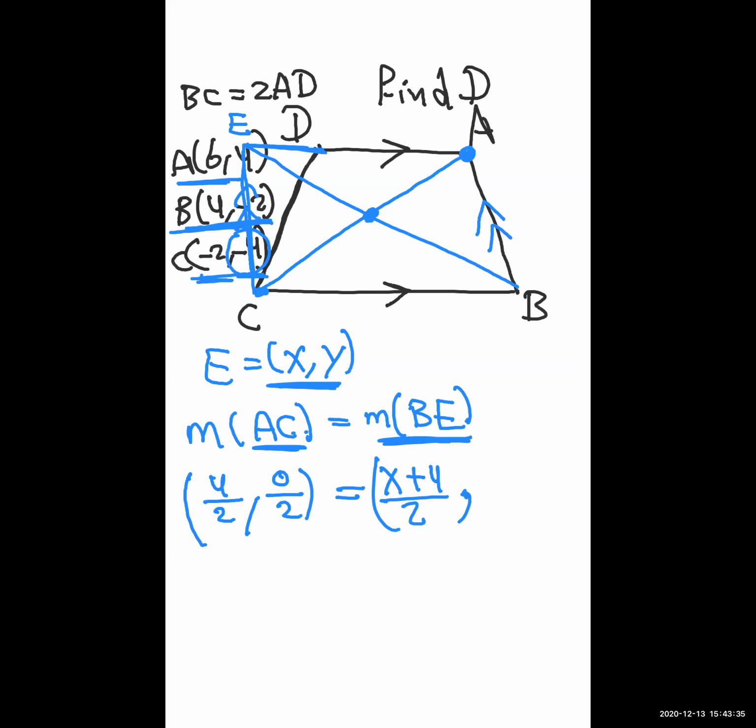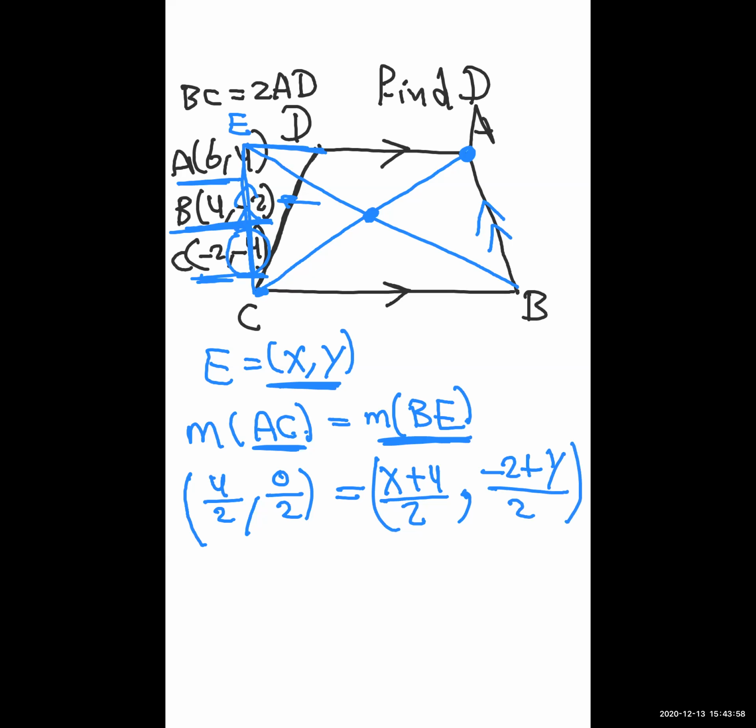Let me check it on the question. It's 4 and negative 2. So this point is B, guys, (4, negative 2). So (negative 2 plus y) over 2.